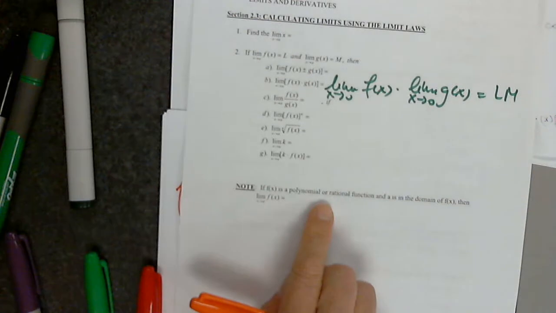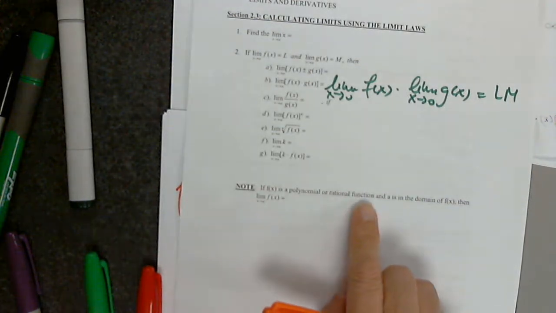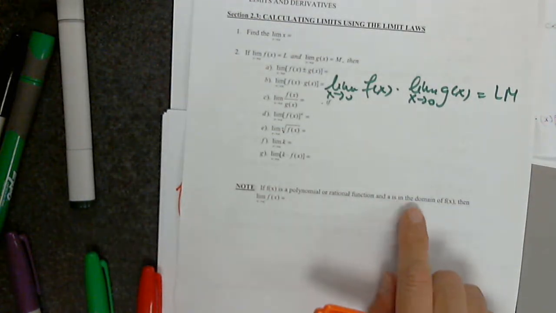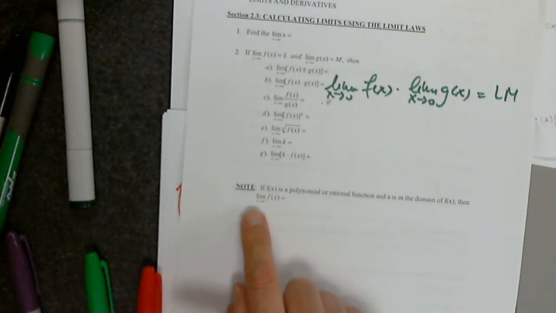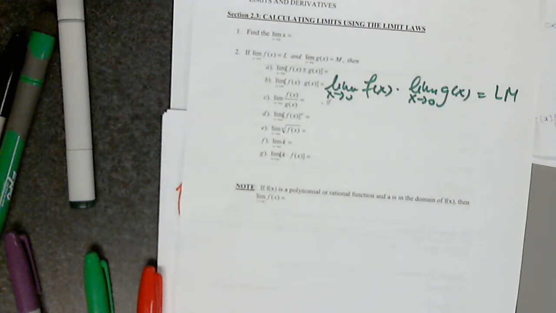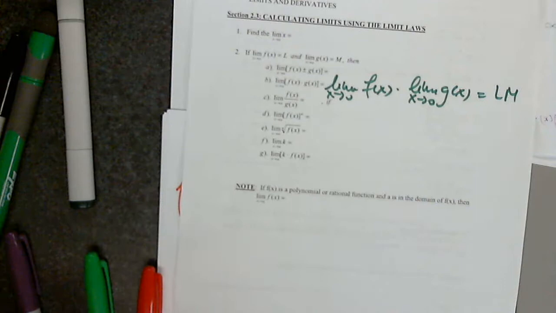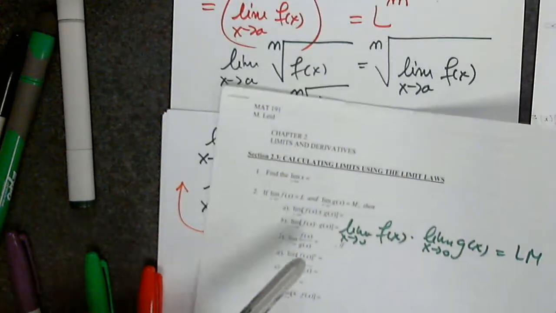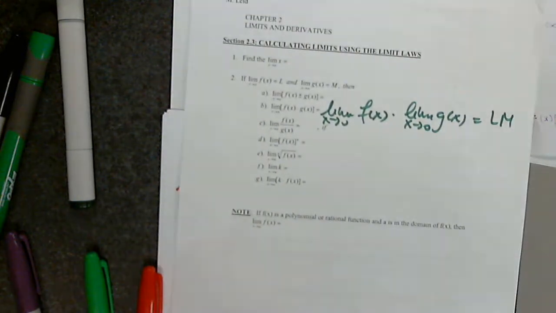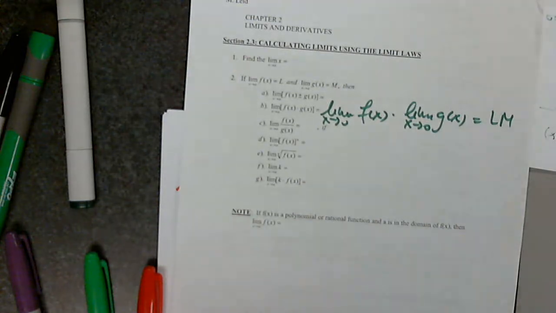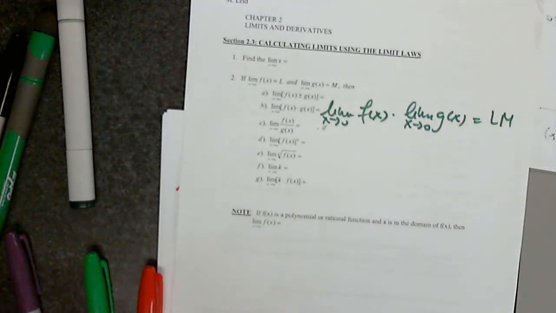If f of x is a polynomial, even a rational function, and a is in the domain of the function, then the limit of f of x as x approaches a from either side will be equal to, what do you think? And it's obviously very similar to number 1. What will that equal to? A wild guess. What do you think?